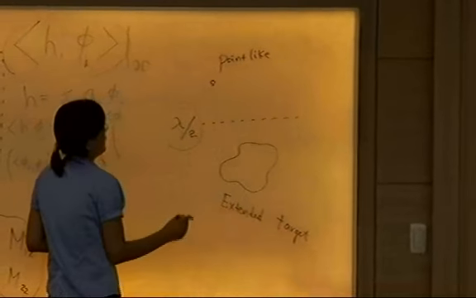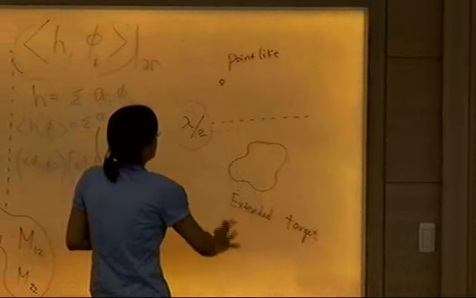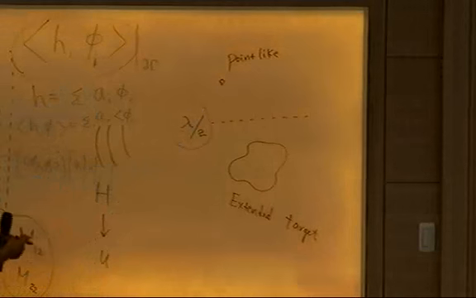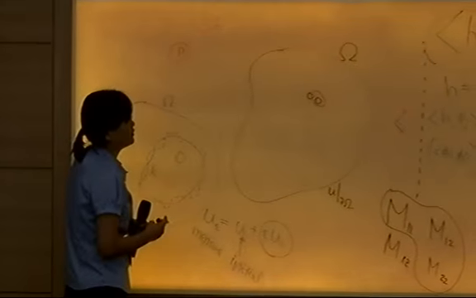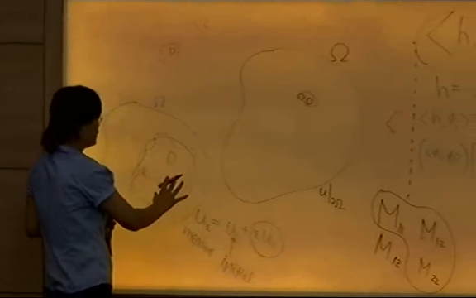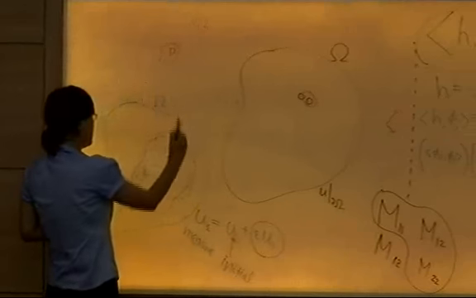For non-zero frequencies, lambda half is the borderline. If it's a multiple or a couple of lambda, then it's an extended target. If it's smaller than lambda half, it's a point-like target. But for the zero frequency case, it's not yet verified. So how can we decide whether the inclusion is point-like or extended?